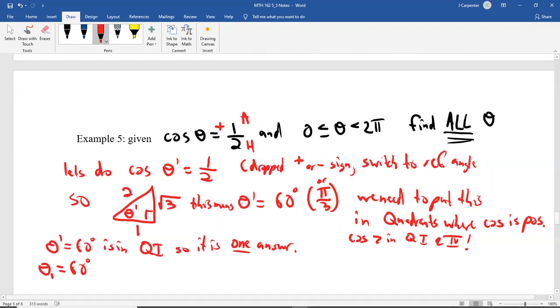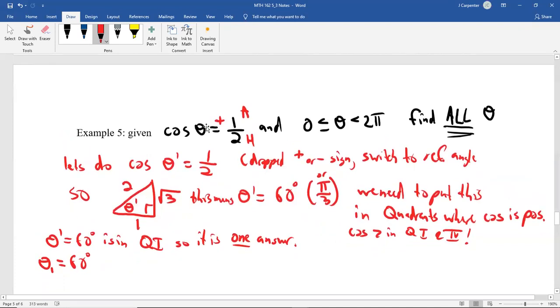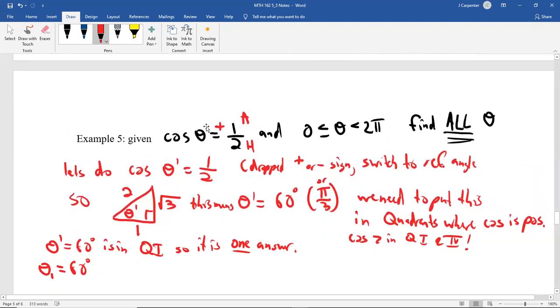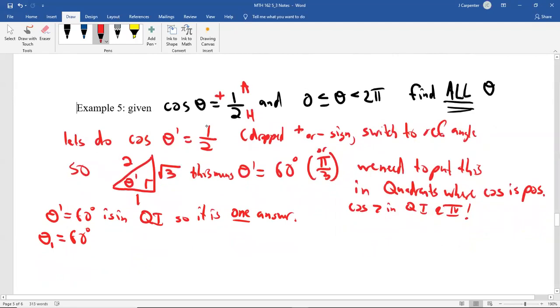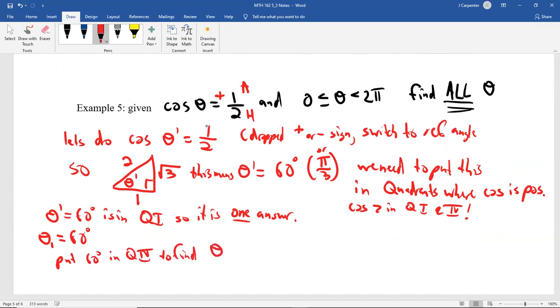But we also know that the cosine of the angle in quadrant 4 that would have 60 degrees as its reference angle would also give us positive 1/2. So we need to put this 60 degrees in quadrant 4 to find the second answer. So we can draw up our quadrants.